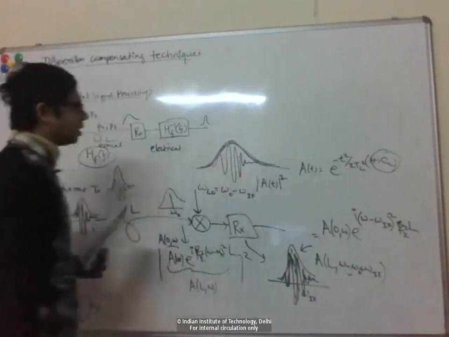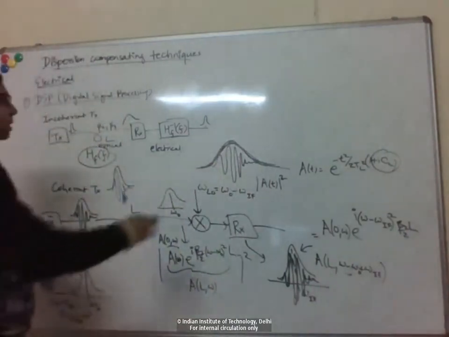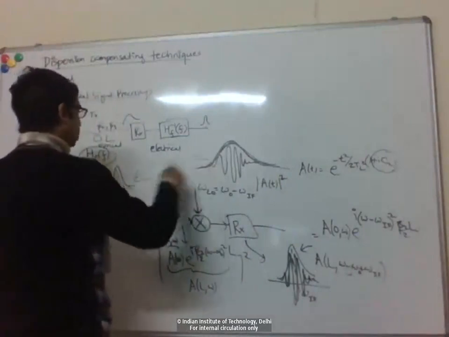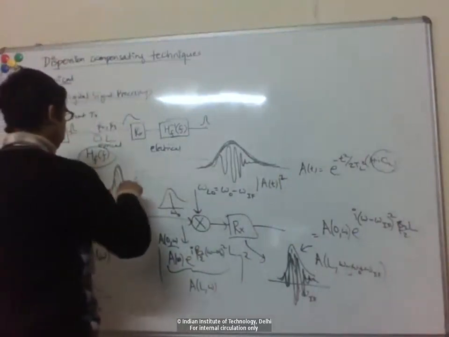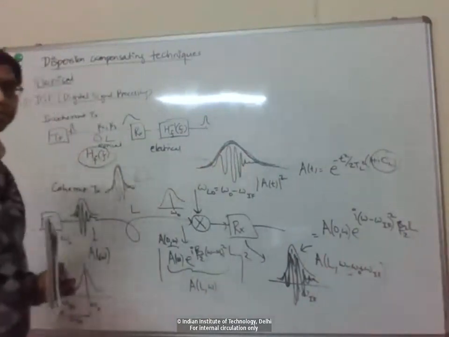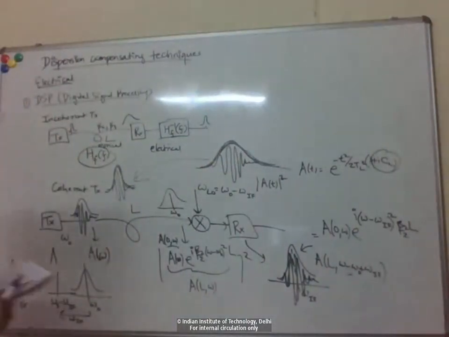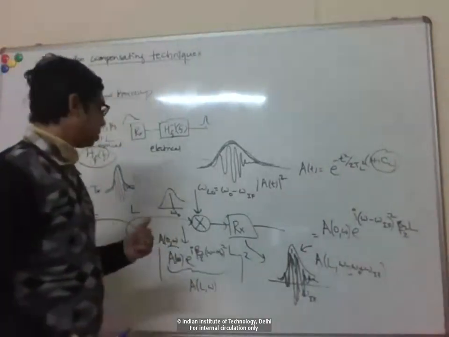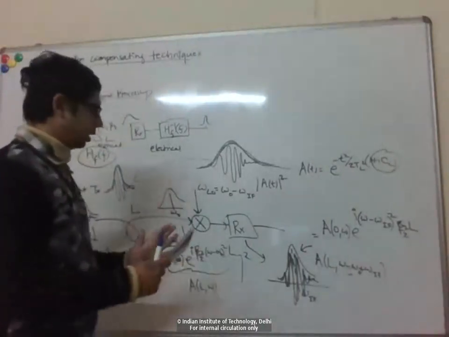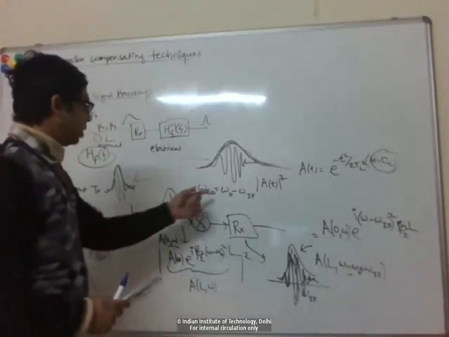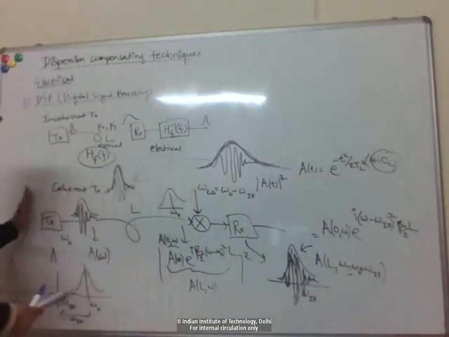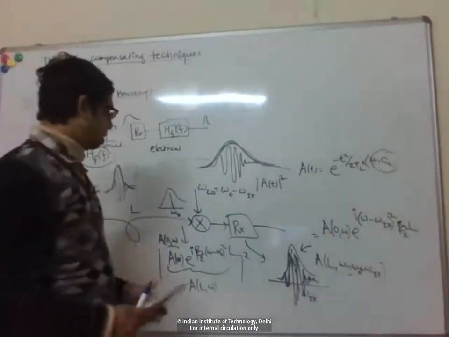So if I lose that phase information, if I'm just detecting the envelope, then there is no way to now recover this shorter pulse from this broader pulse. So somehow we have to preserve the phase information. So that's why we are using this local oscillator, right? So we are beating two signals and then translating this optical signal into the electrical domain, right?